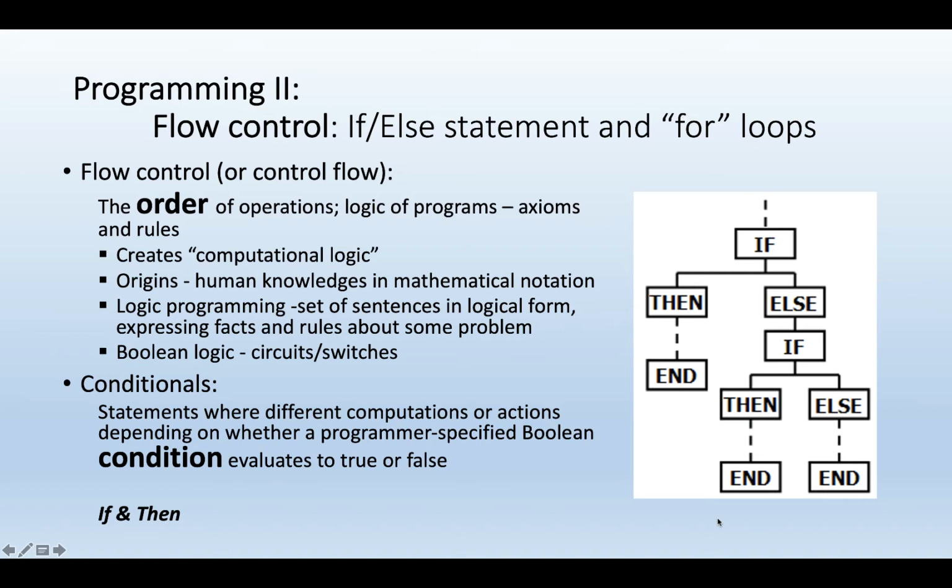What are conditionals? Conditionals are statements where different computations or actions depend on whether a programmer has specified a Boolean condition to be true or false. So there's some sort of if something is true, then do this, else do some other thing. This is a classic way to think about how programs are structured. We could take a case where we might have some condition.